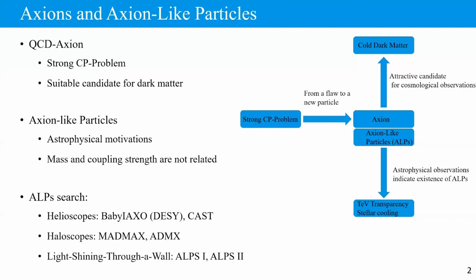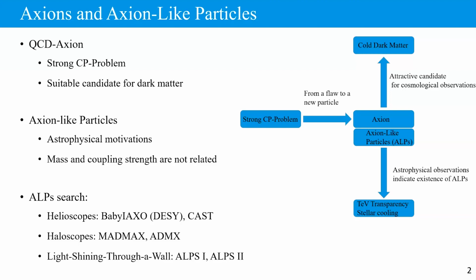The third category, the so-called light shining through a wall method, is the method that the ALPS I and ALPS II experiments are based on. Compared to the other two categories, this method is completely laboratory based.